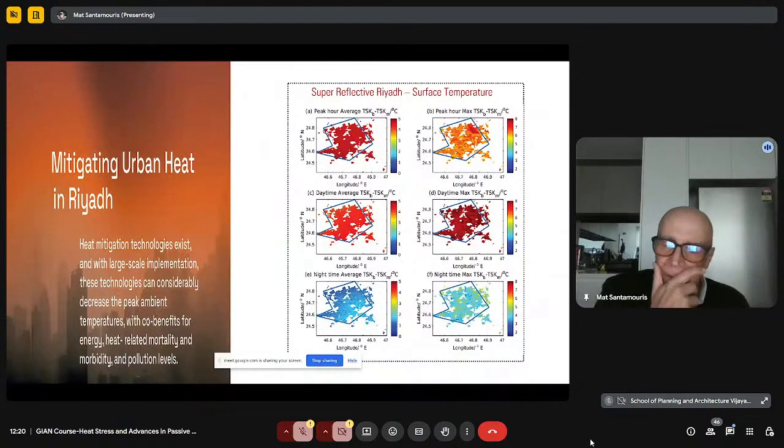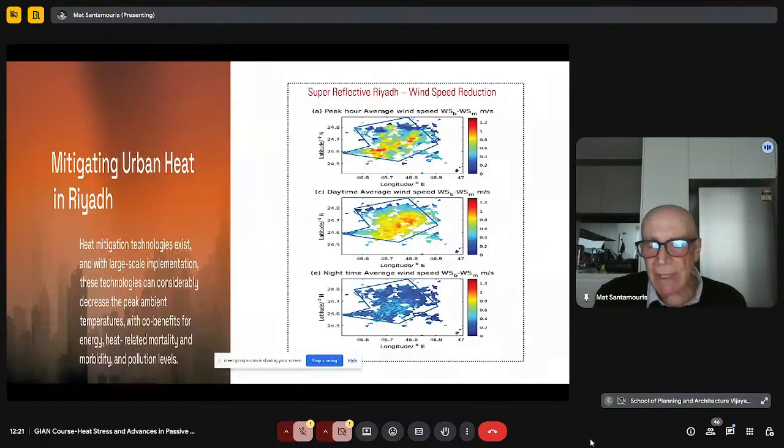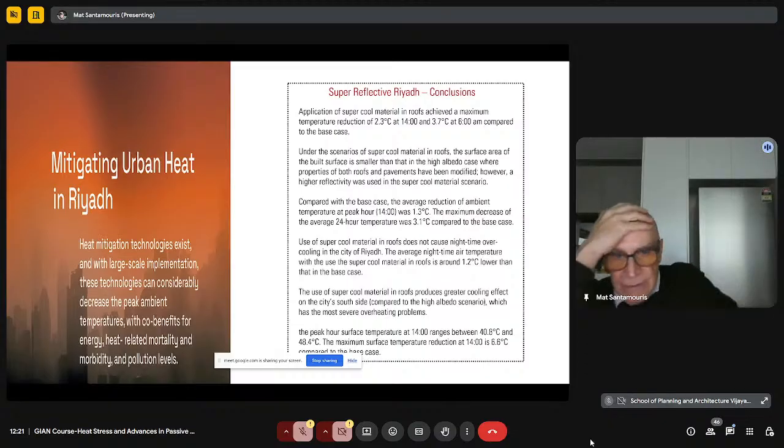Because now we don't treat the pavements and all the other structures of the city. We use only supercool materials at the roof level. And this also decreased very much at the same time the sensible heat and also the wind speed. I will move a little bit faster just to finish in half an hour or something like that.